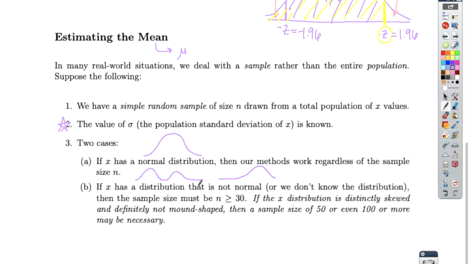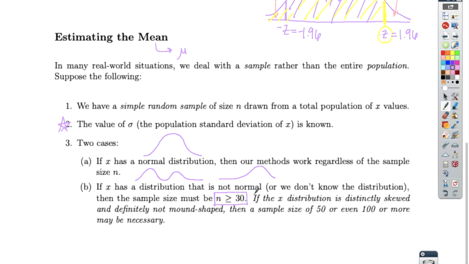if it has any other distribution that's not normal, or if we don't know the distribution or we're not sure that it's normal, then the sample size has to be greater than or equal to 30. We saw this in chapter 7, that 30 is sort of that cutoff value. And so again, if we don't know what the distribution is, or if it's not normal, then we have to have a sample size greater than or equal to 30.